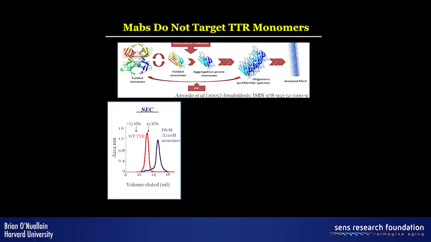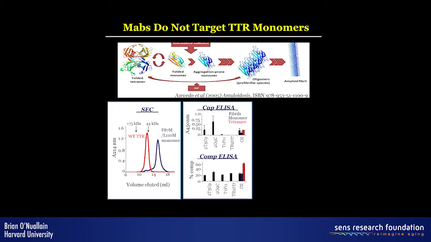So we isolated TTR monomers using a mutant TTR using size exclusion chromatography, but we demonstrated that none of our antibodies had any affinity for TTR monomers. As you can see here, only the control antibody recognized native TTR monomers and fibrils. Our antibodies only recognized the aggregated protein.